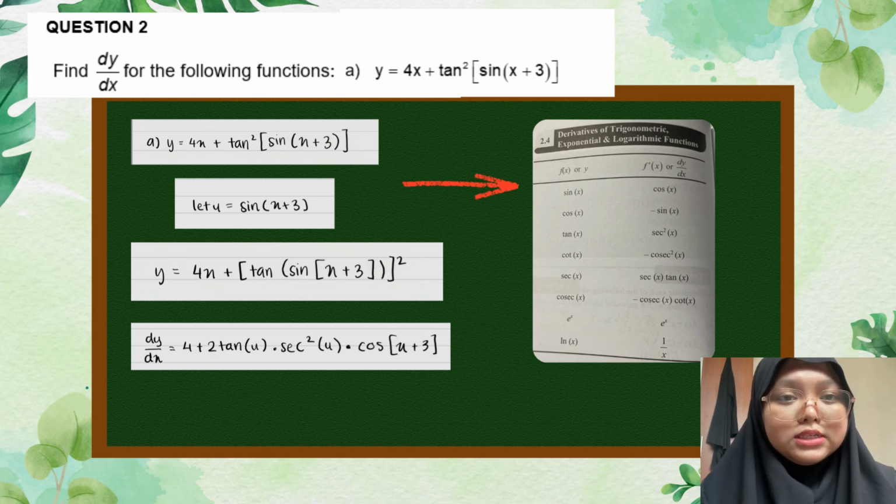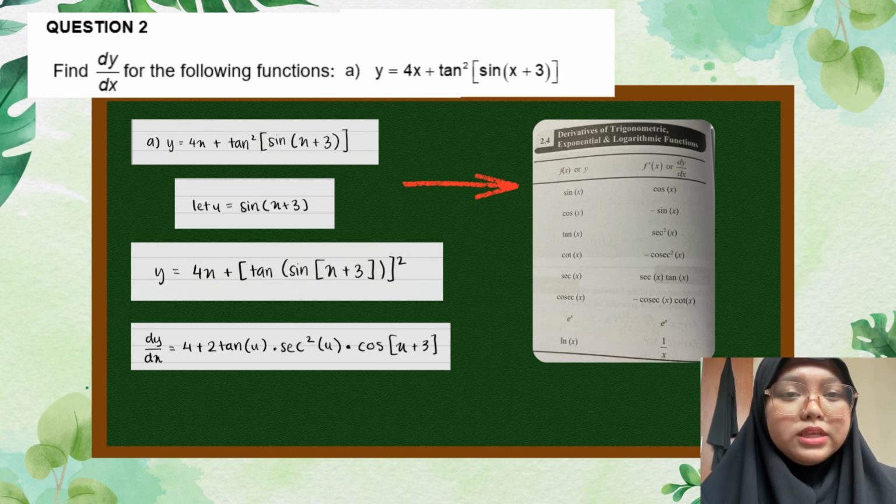And then we need to change the tan and sin based on the table that I provided. And then the latest equation will be dy over dx equal to 4 plus 2 tan, the bracket of u since we let u, and then we times sec to the power of 2, the bracket u times cos bracket x plus 3.